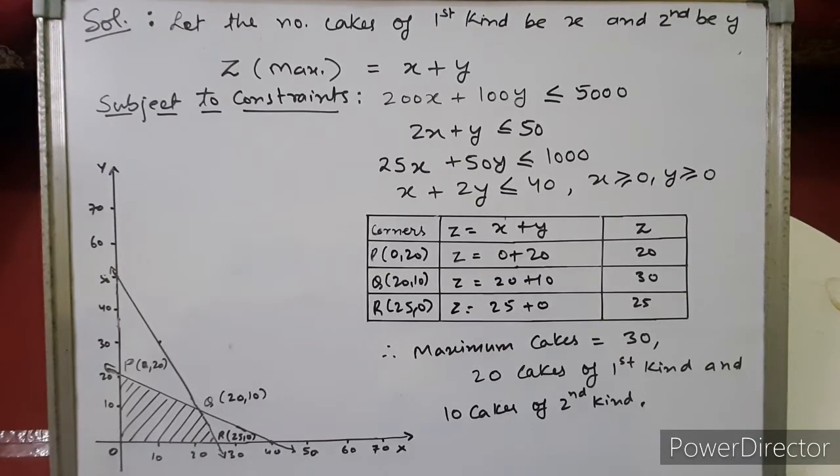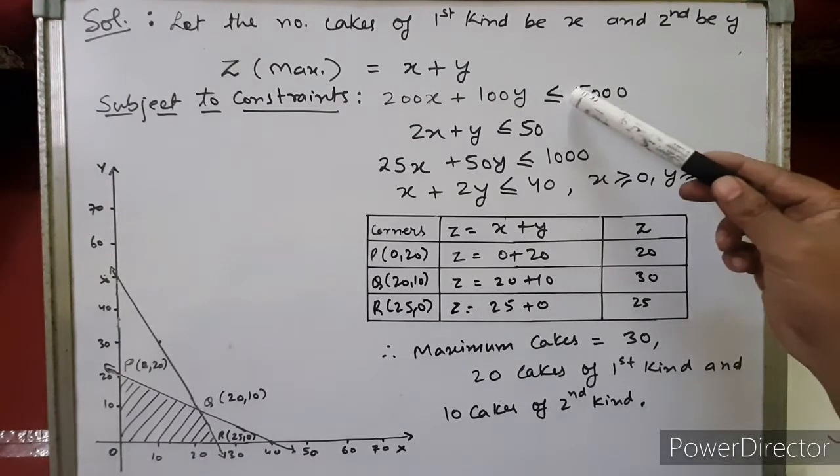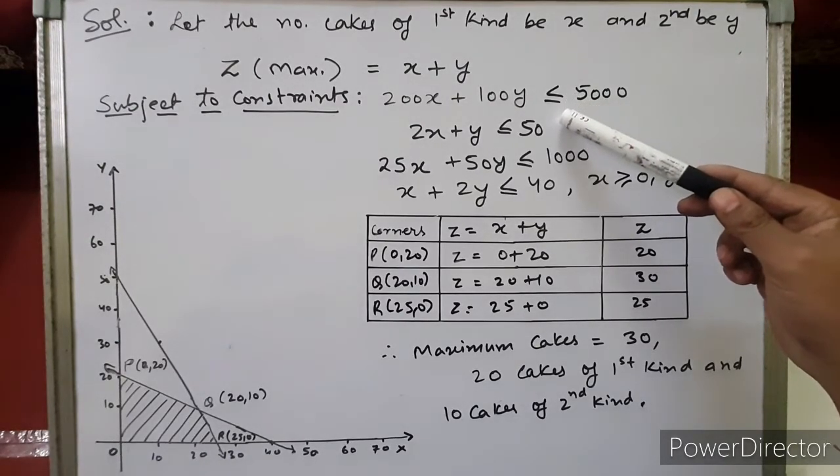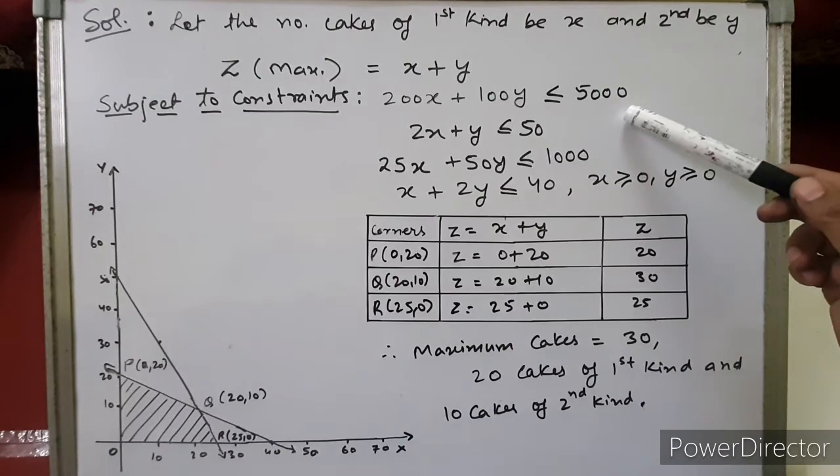So if we are making x number of first kind, the total flour used for making cakes of first kind will be 200x, and y is the number of cakes of second kind, then the total amount of flour used for making second kind of cakes will be 100y, and total flour 200x plus 100y must be less than equal to 5000 grams.